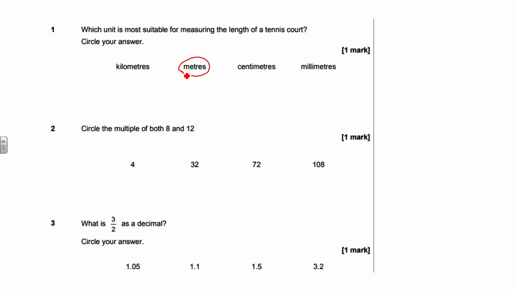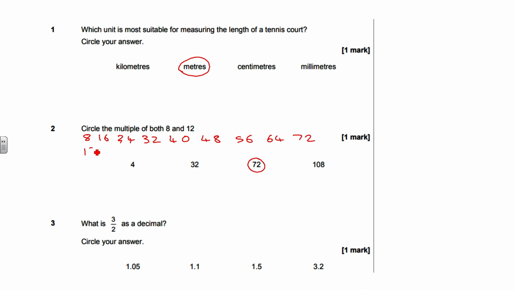Circle the multiple of both 8 and 12. Now multiple means multiplication table, effectively a number in the multiplication table of 8 and 12. If we were to list those, the first number that would appear twice would be 72. We go 8, 16, 24, 32, 40, 48, 56, 64, 72.